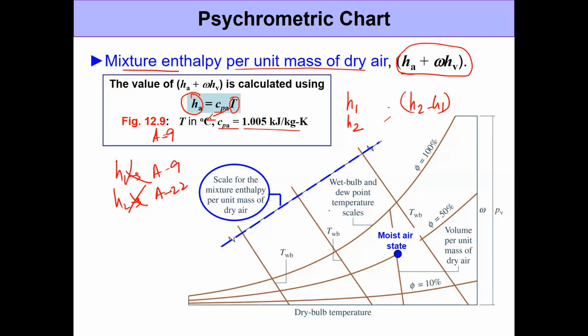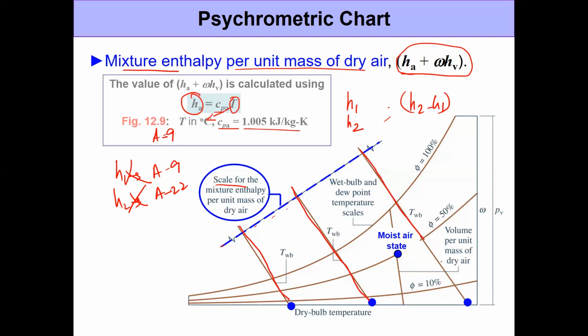Now, when we're looking at this particular state, the state that's indicated in blue, if you want to find out its enthalpy, we need to look up the constant enthalpy lines. This blue line right here is the scale for mixture enthalpy. It's going to have different values for different enthalpies, and these lines right here, which are shown with the blue dot moving around, these lines that I'm showing again in red, are the different constant enthalpy lines.